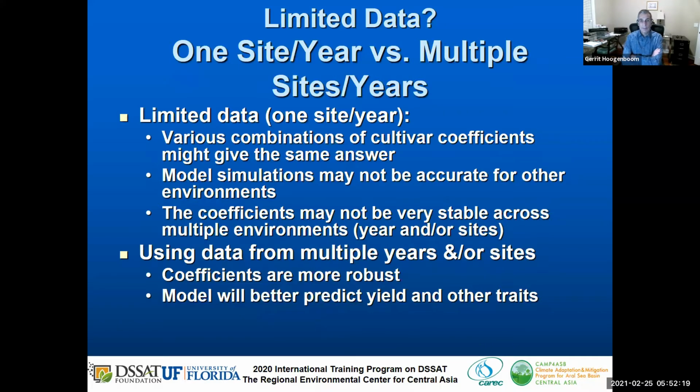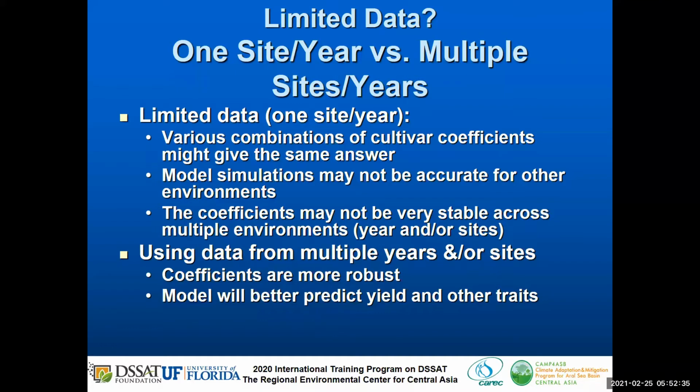So again, if you only have one site with 1 year, we need to be aware that the final values for the coefficients in some cases are not very stable. Но если у нас есть данные только по одному экспериментальному участку и по одному году, опять же, подчеркну, мы должны понимать, что значения коэффициентов будут вести себя при прогоне модели нестабильно.